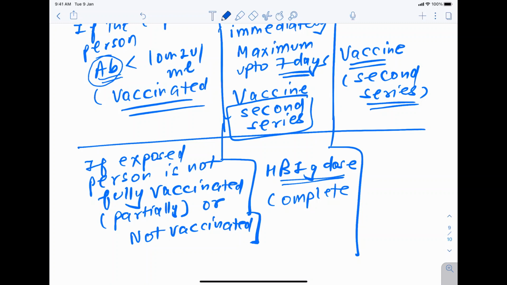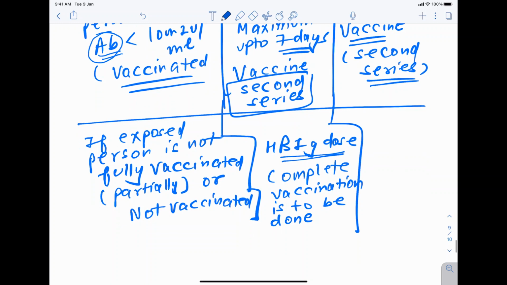Vaccination should start from the missing dose. Suppose the zero dose was taken, then the other two you can take up. In fact, I should say the remaining vaccination is to be done.